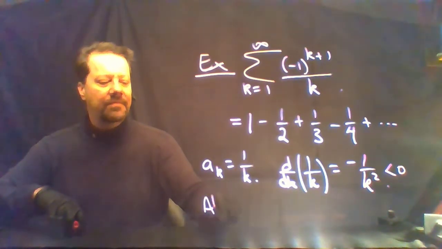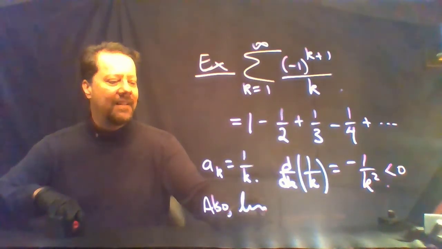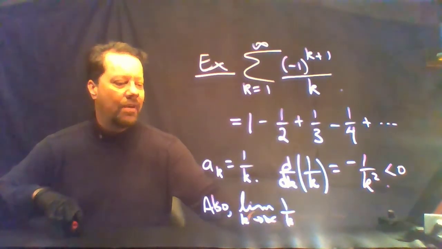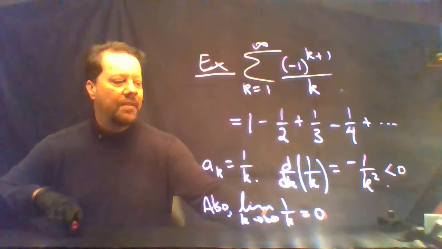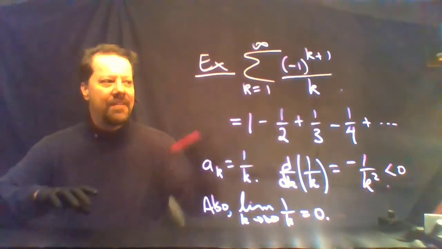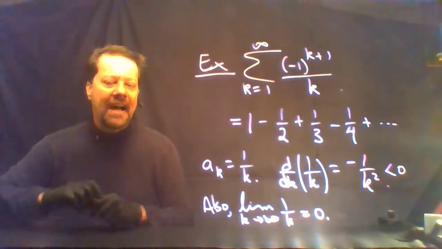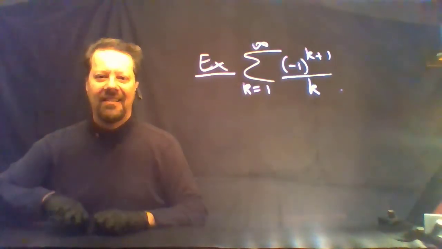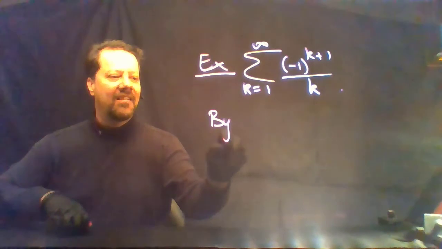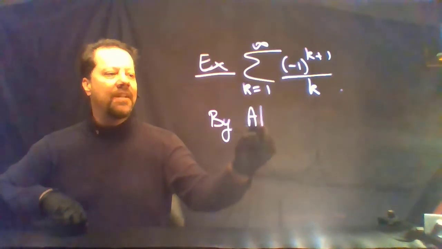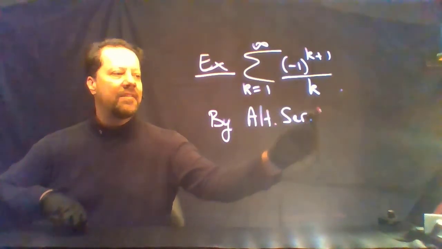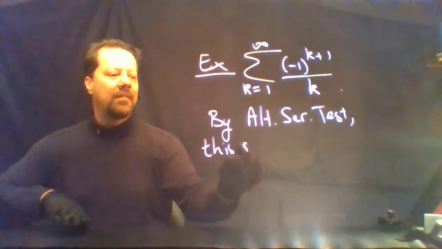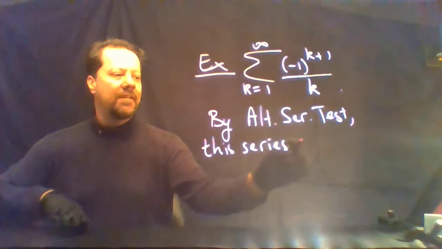Also, the limit as k goes to infinity of 1 over k is 0. So this series satisfies all of the hypotheses of the alternating series test. By the alternating series test, this series converges.